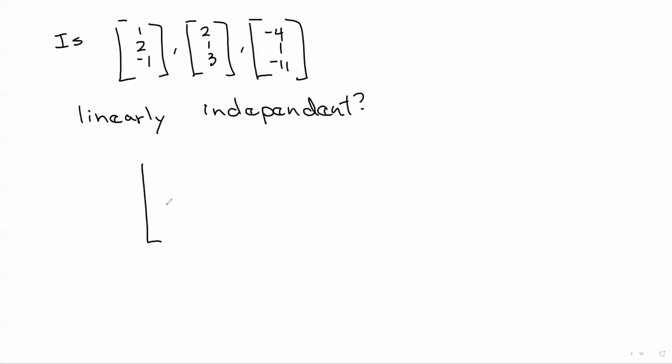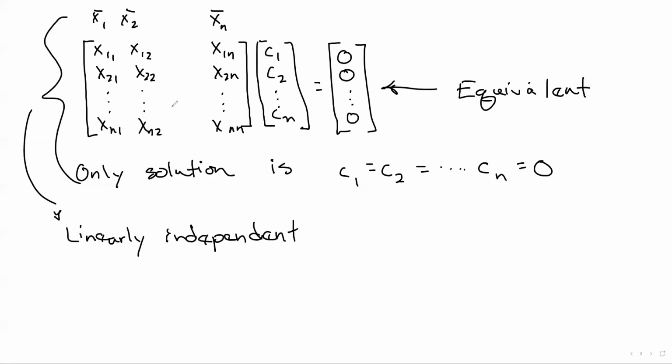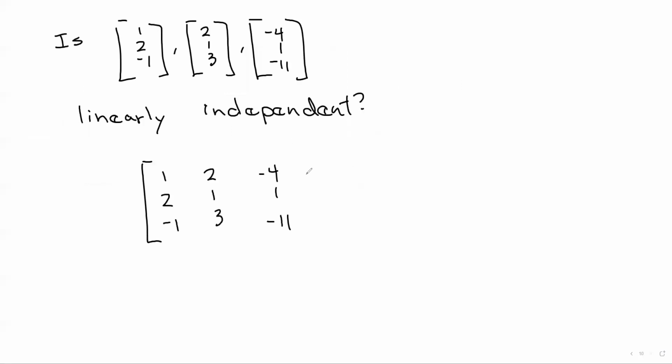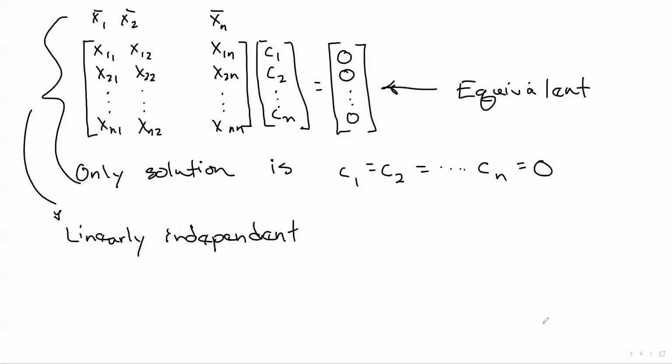Take these vectors, make the first one the first column, the second one the second column, and the third one the third column. That's what we did right here. And then I'm going to cheat a little bit. I meant to do that right here, but I forgot to.